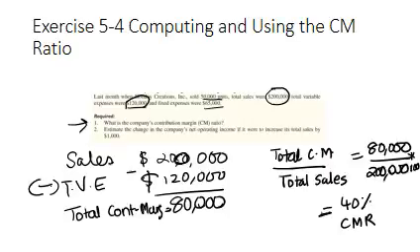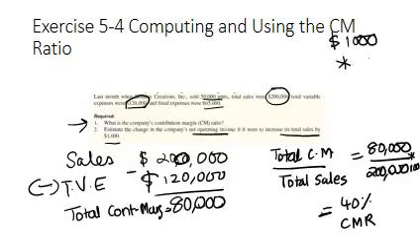Next, estimate the change in the company's net operating income if it were to increase its total sales by $1,000. So the sales increased by $1,000.